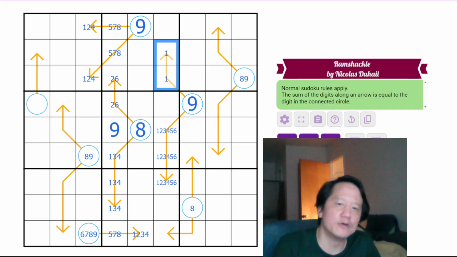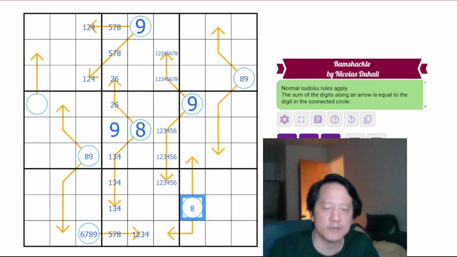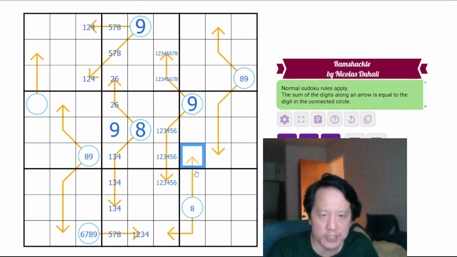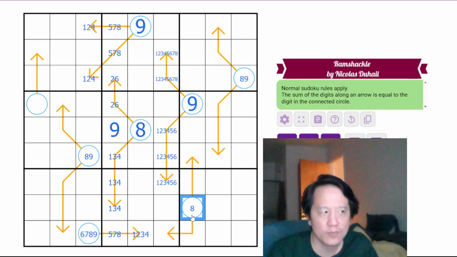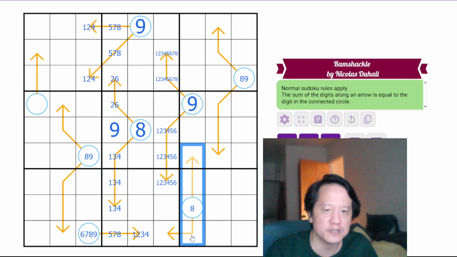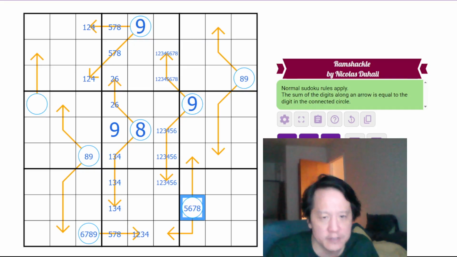This has to be 1, 8, 2, 7, 3, 6, or 4, 5. This is 8 at most here and has 3 digits that are smaller than it in the column. So it can't be 4, because if this is 4, this becomes 1, 3, and 1, 3 as a pair, but we'd have 3 cells in the column then requiring it to be 4. So this must be 5, 6, 7, or 8.